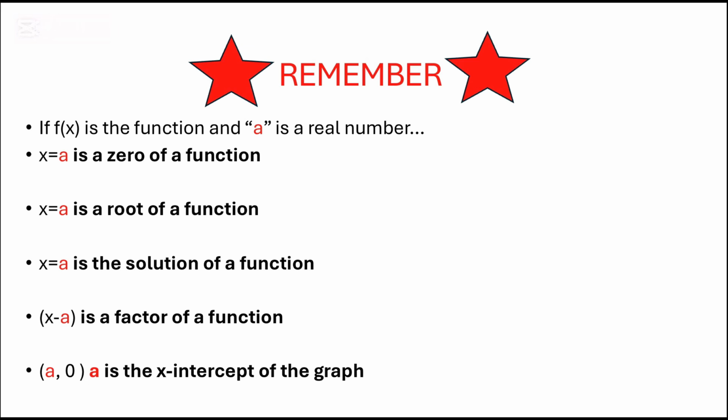X equals a is a root of the function. X equals a is the solution of the function. Bracket x minus a is the factor of a function. And bracket a, 0 is the x-intercept of the graph.